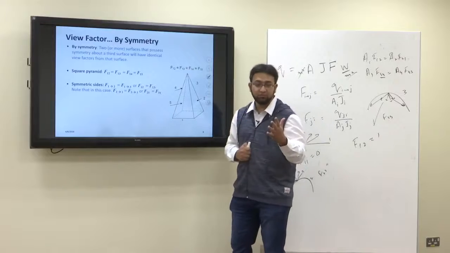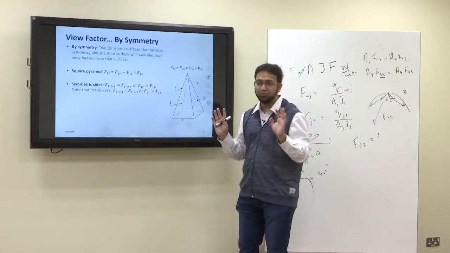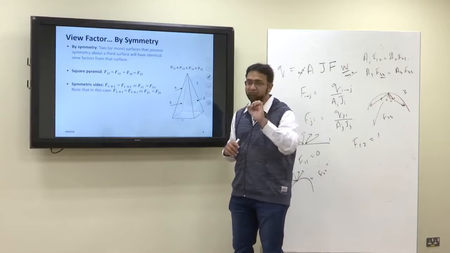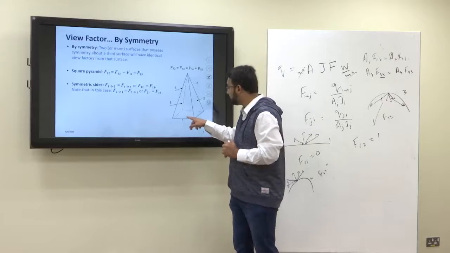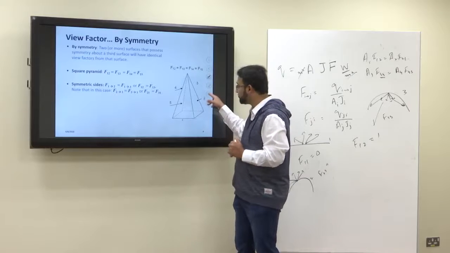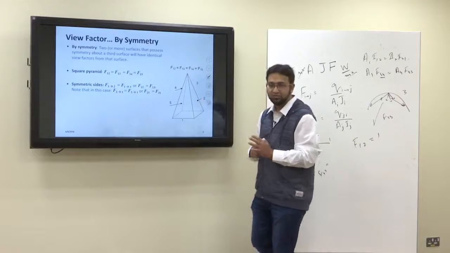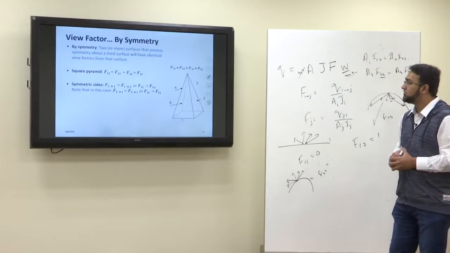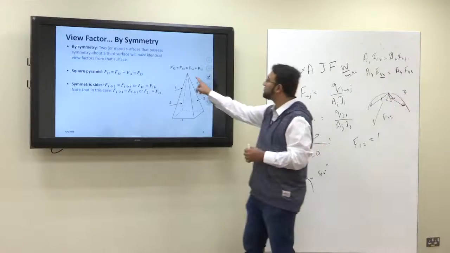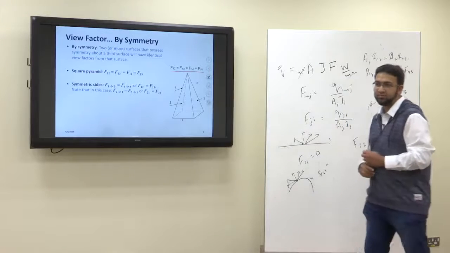If it was not a perfect symmetry, then we cannot know the actual amount reaching from 1 to 2, or we cannot say that the amount of energy leaving 1 reaching 2 or 3 and 4 and 5 are all the same. Is it clear? So there are certain times we can just develop relations by symmetry. So this relation is developed by symmetry.